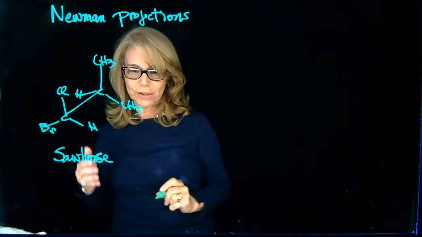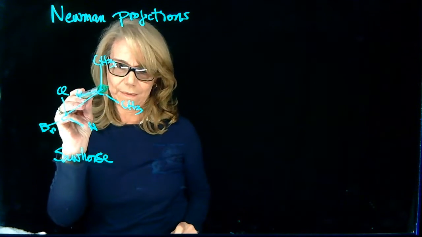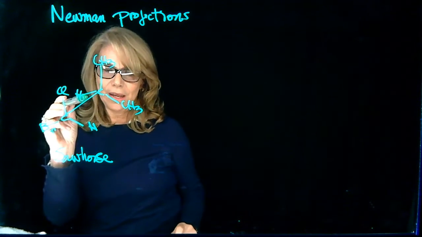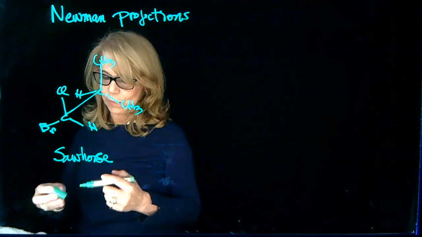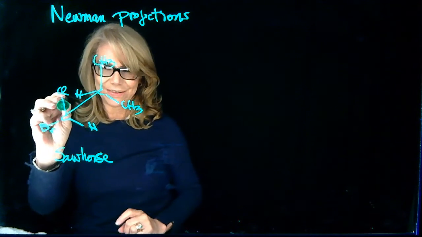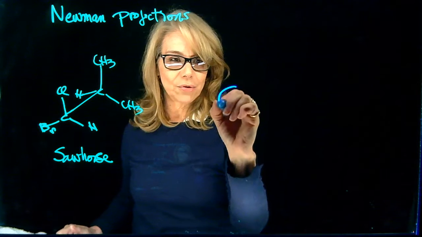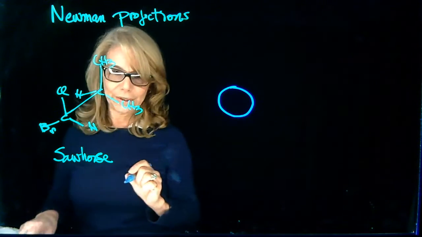So this molecule, imagine that I'm looking at it this way where my pen is, right? So now I'm going to draw that on the Newman. My view is where my pen is. So this carbon is going to be in the front. So let's do that. And I'm going to draw a circle to represent that carbon in the front.